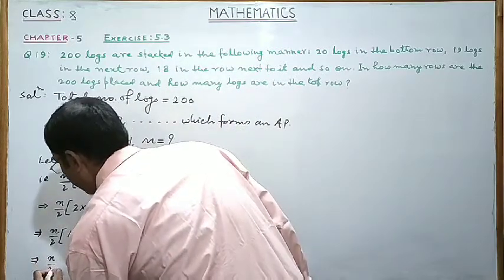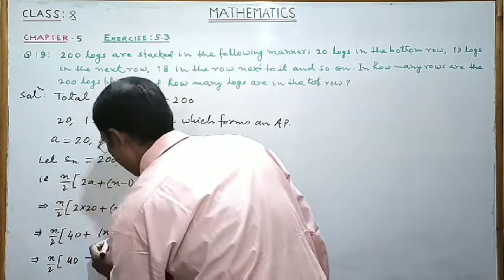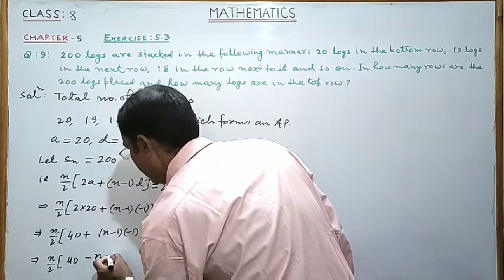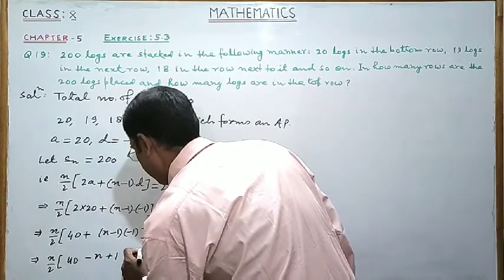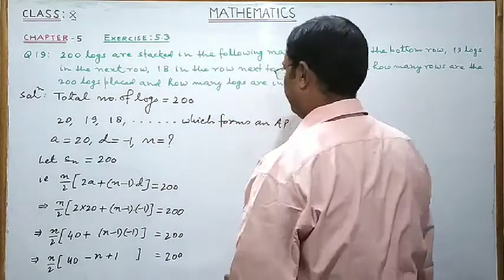So we get n by 2 into 40, n into -1 minus n, -1 into -1 plus 1 equal to 200.